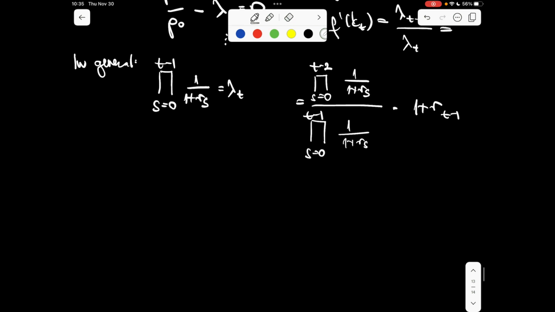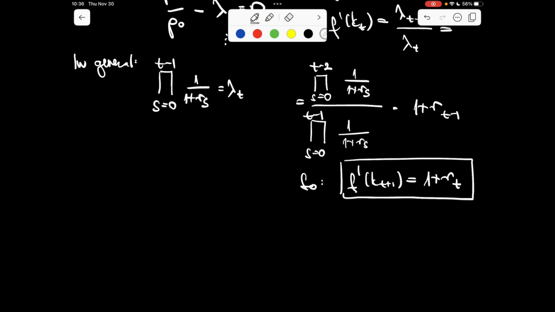So this is what we have. So the interest rate is related to the marginal product of capital.